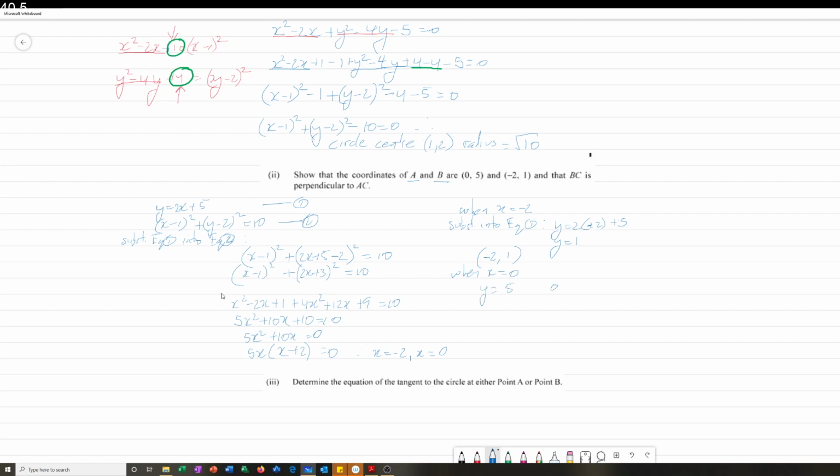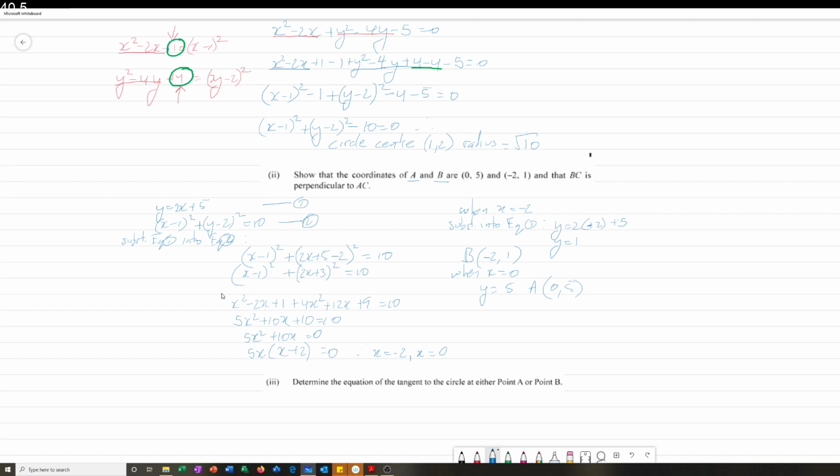So your other point is (0, 5). So we just showed that the coordinates of A and B are (0, 5). So this would be A, and this would be B.